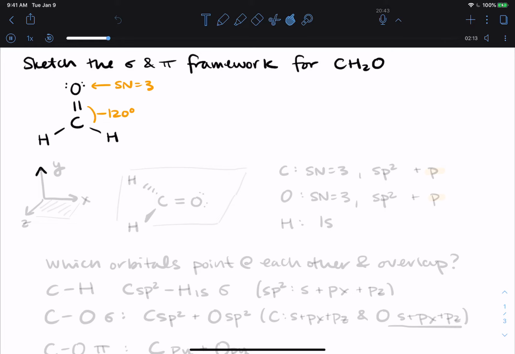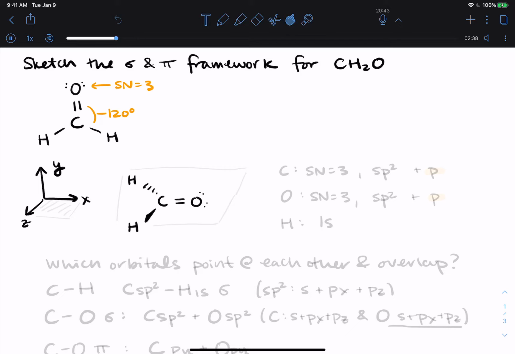So we're going to use the axis system that we always do. And the way that I want to set this up is I'm going to put my carbon-oxygen bond here along the x-axis, and then I'm going to have my carbon-hydrogen bonds going back and coming out.